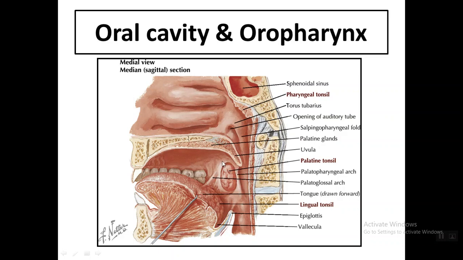Palatoglossal arch because it passes from the palate to the tongue, and palatopharyngeal arch, it passes from the palate to the wall of the pharynx. This is the oropharynx extending in between the soft palate and the upper border of the epiglottis. The palatoglossal arch is the boundary in between the oral cavity and the oropharynx.